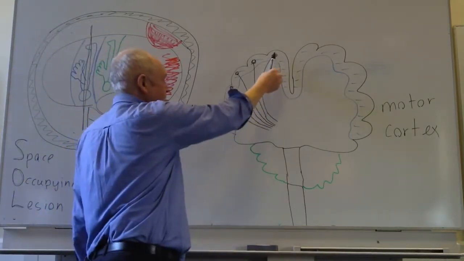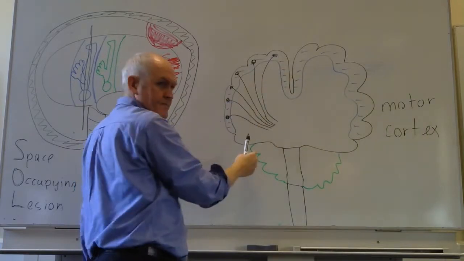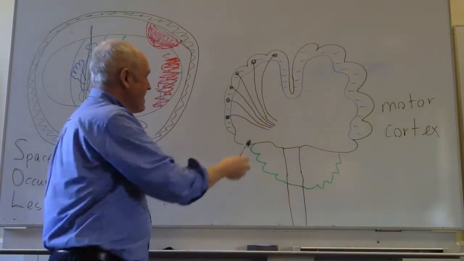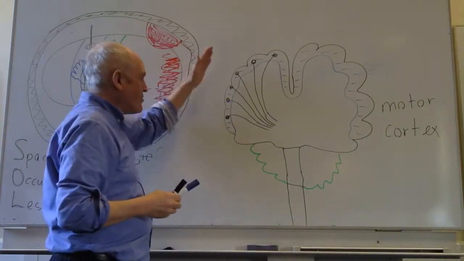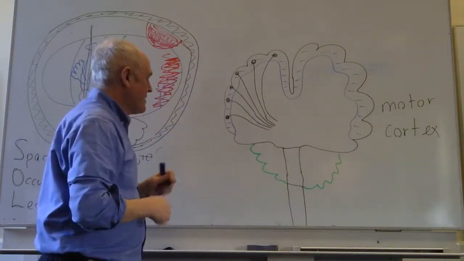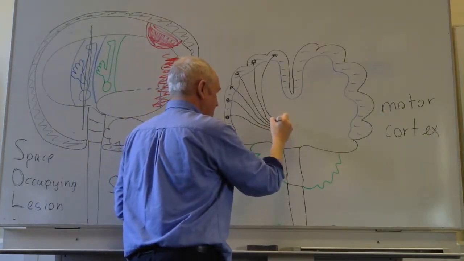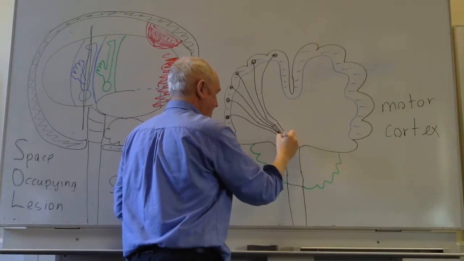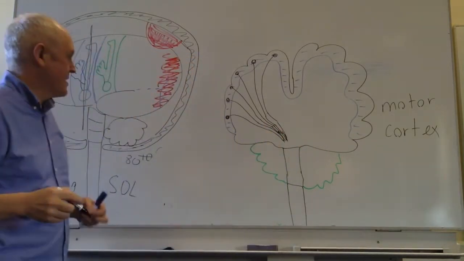Now, these are the motor neurons that generate new nerve impulses when it's time to move something. So they'll generate new nerve impulses. These nerve impulses will go down through the brain. And they're all tied away in a nice, neat capsule in here like this. It's called the internal capsule, but don't worry about that just now.